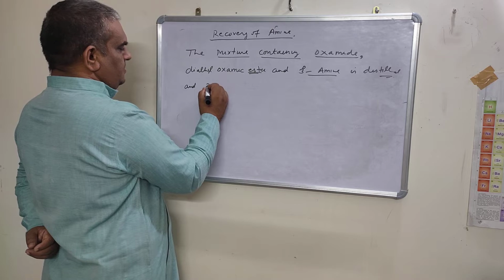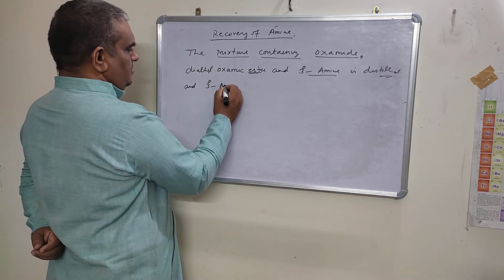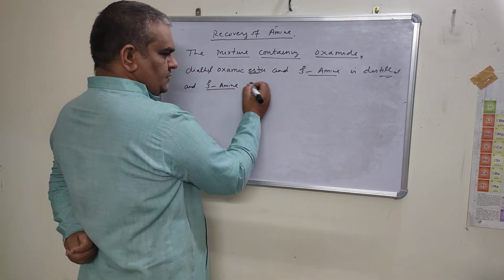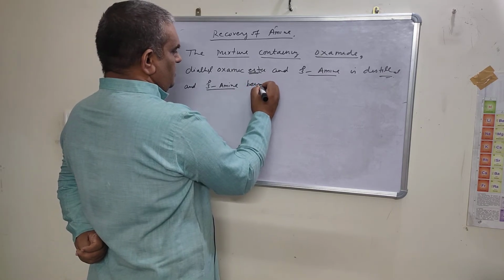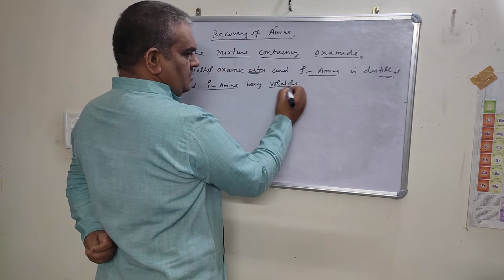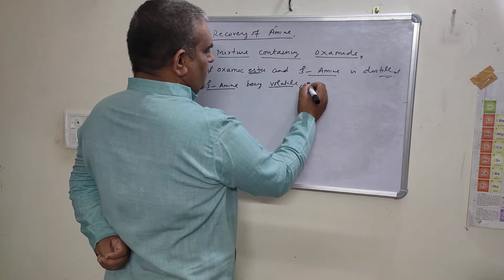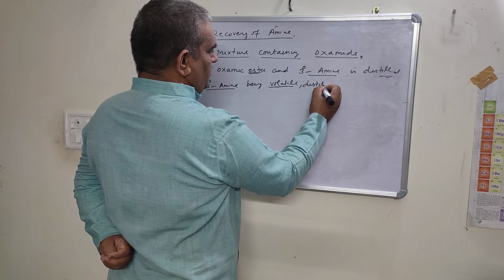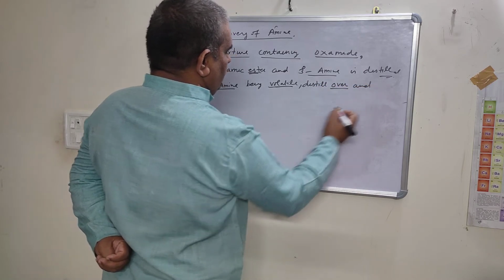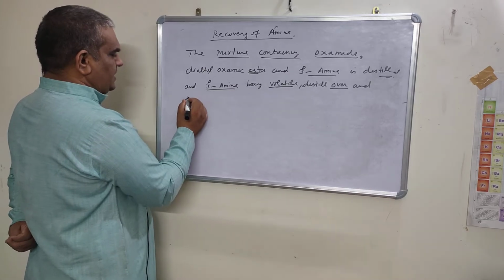Tertiary amine, being volatile, distills over and is collected.